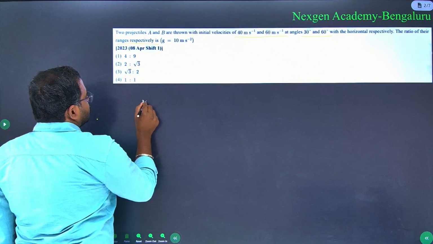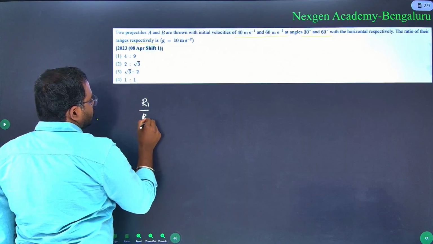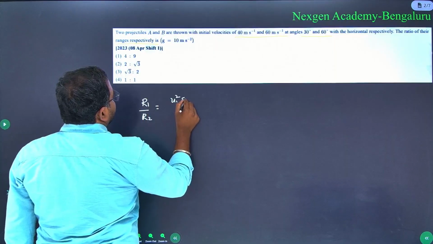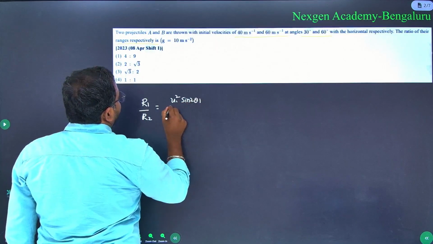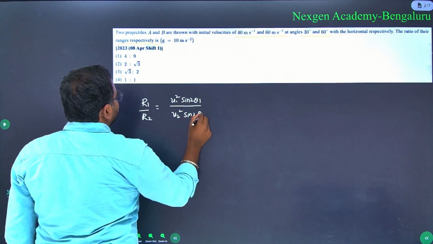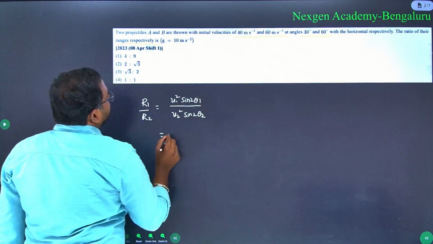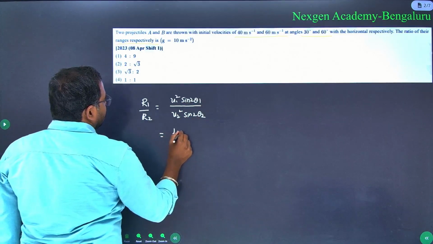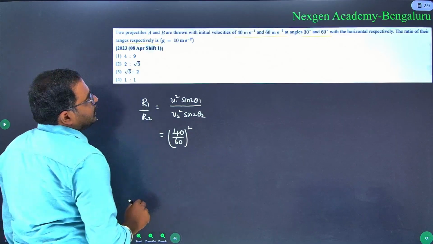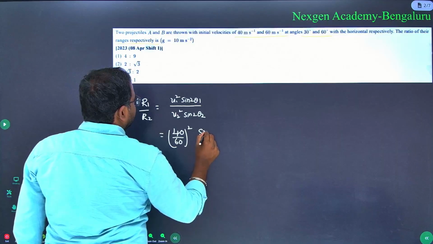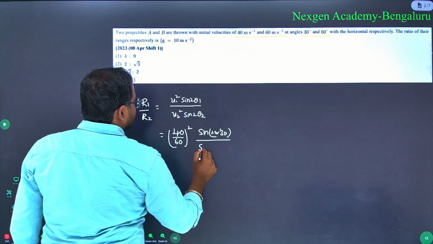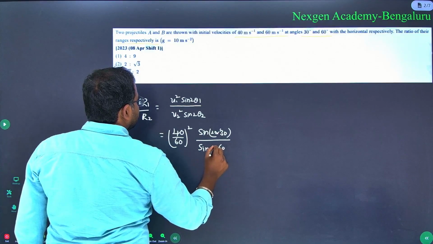So R1 by R2 is equal to U1 square sine 2 theta 1 by U2 square sine 2 theta 2. This is equal to 40 by 60 whole square into sine of 2 into 30 degrees by sine of 2 into 60 degrees.